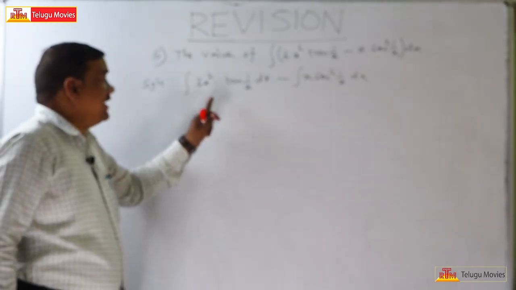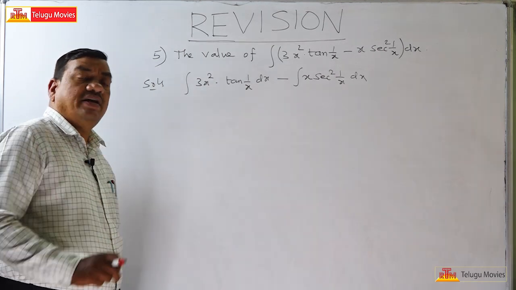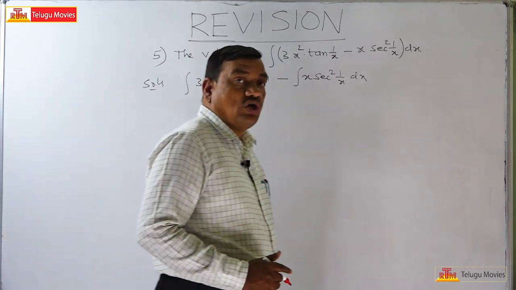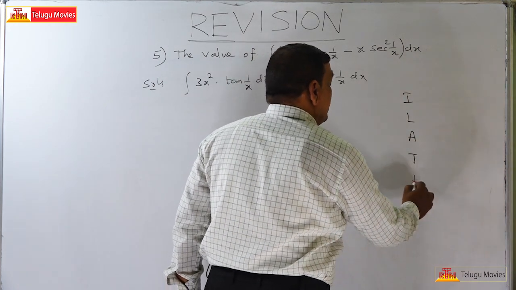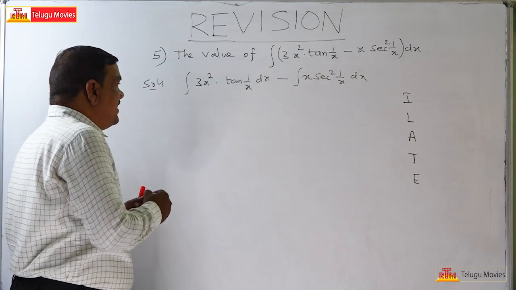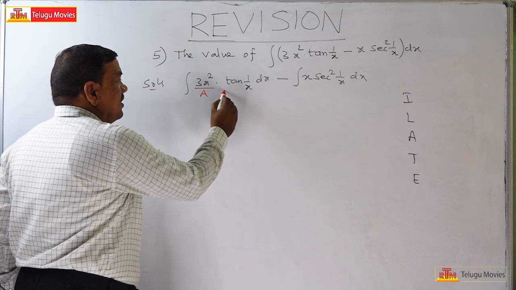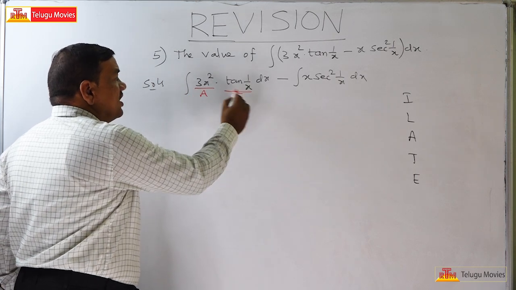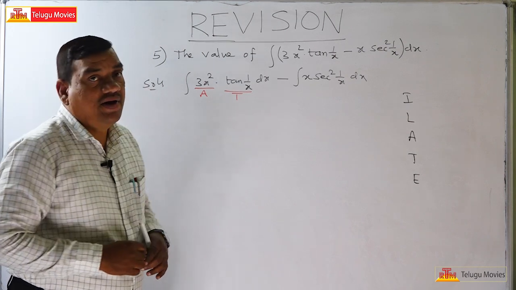Now we have to find the integral of this term. Immediately the students will start thinking ILATE. Here 3x square is an algebraic function A. Tan 1 by x is a trigonometric function.